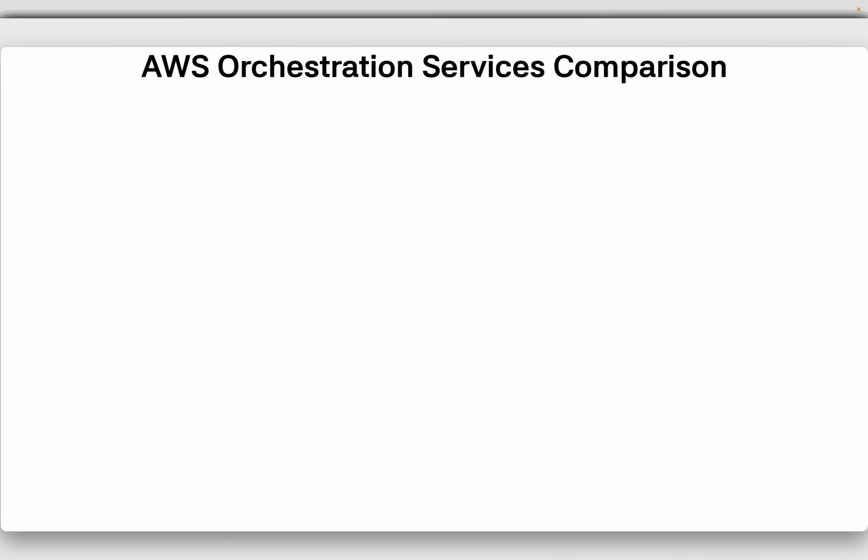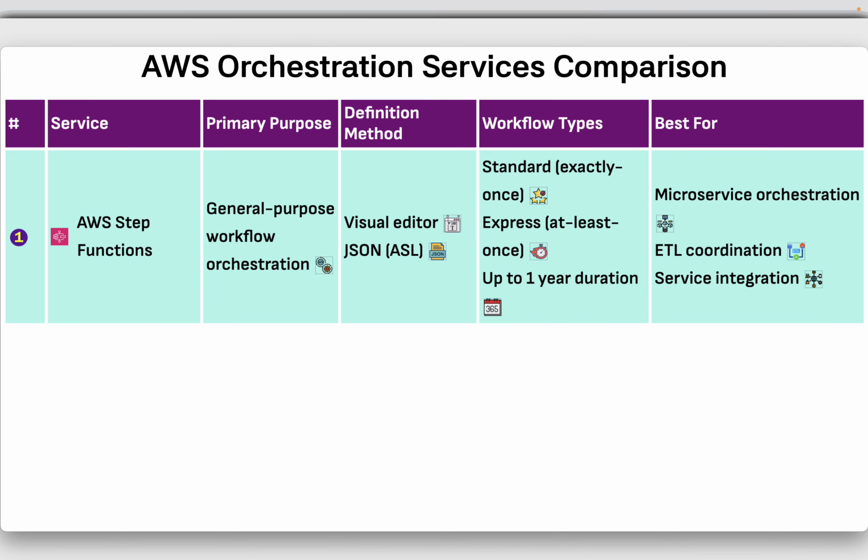Next, AWS orchestration services comparison. First one, AWS Step Functions. This is the new successor to any kind of orchestration service compared to Data Pipeline. Primary purpose: general purpose workflow orchestration. Definition method: you use a visual editor or JSON, and it has its own DSL, domain specific language.